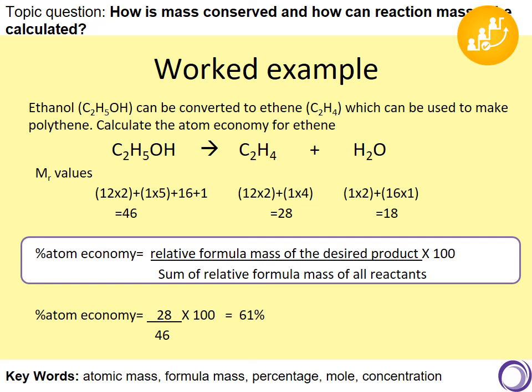Well, in this case we only had one reactant, it was ethanol, so that's 46, and then we multiply that by 100 to get our percentage atom economy, which in this case is 61%. It's worth noting that if a reaction only has one product, then the atom economy must be 100%.